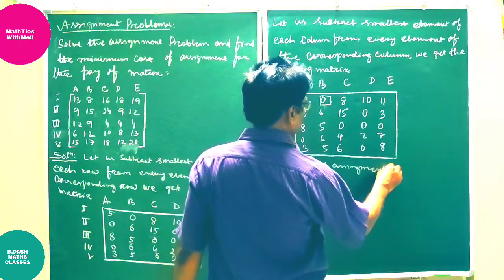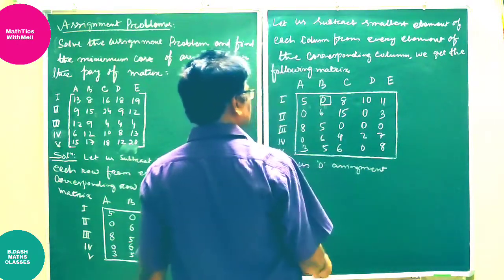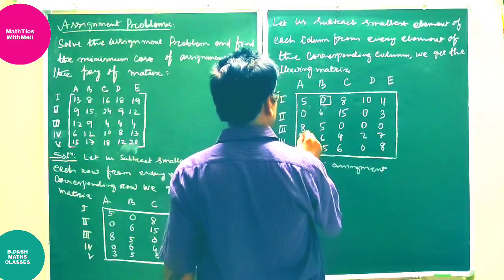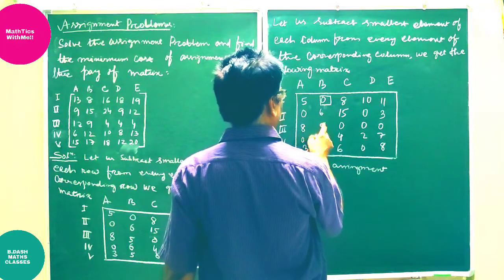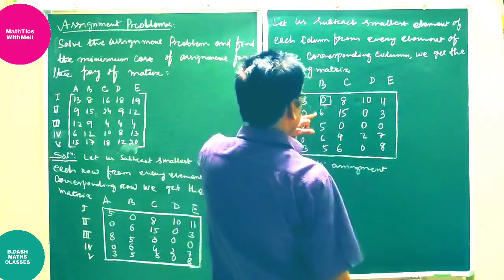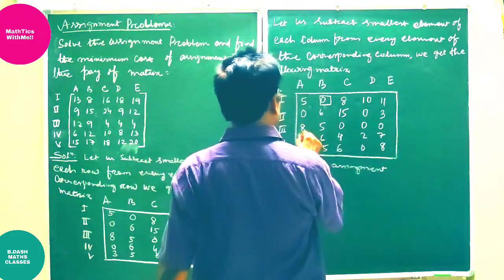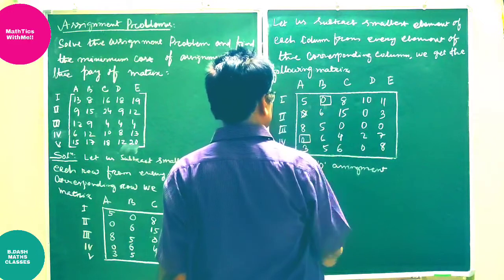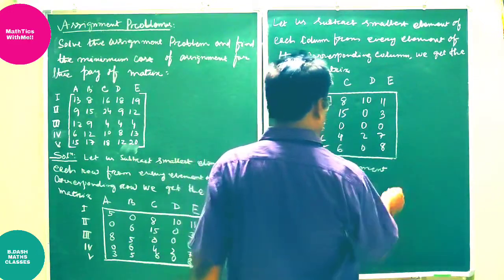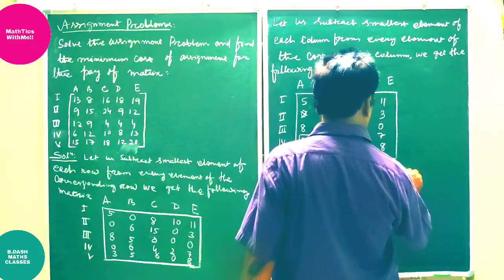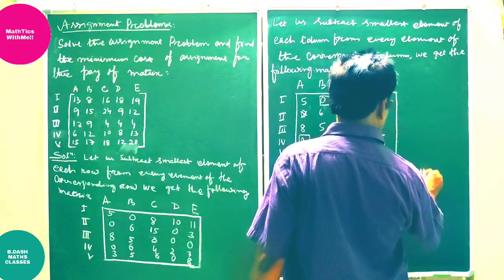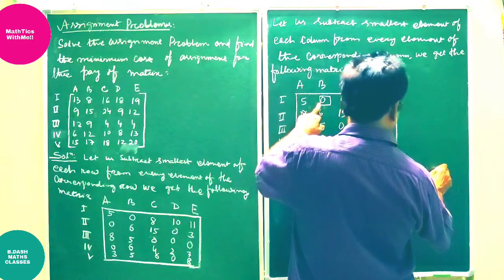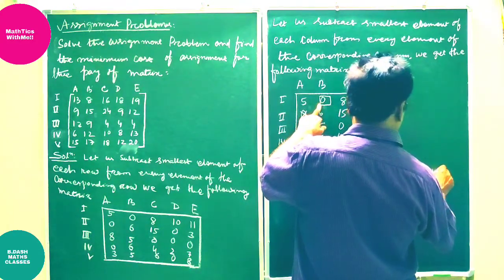Next, we are having a single zero in this row. First row, single zero; here double zero, double zero; here we are also having a single zero. So immediately we have to cross this one. So then zero assignment in cell 1, 2.